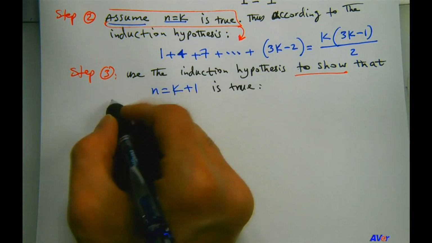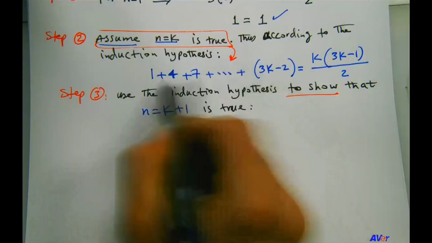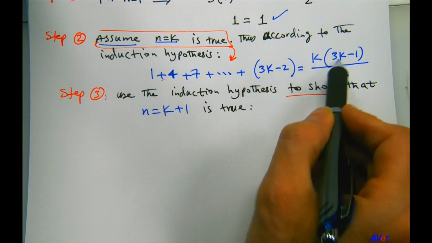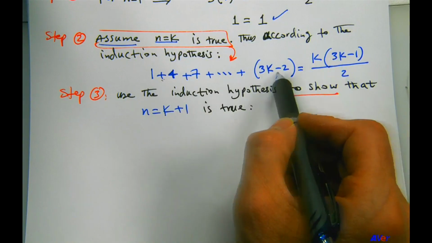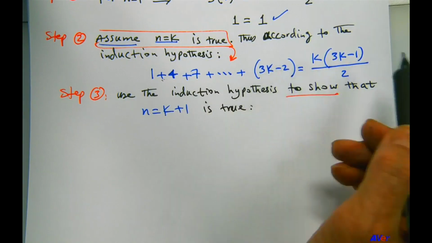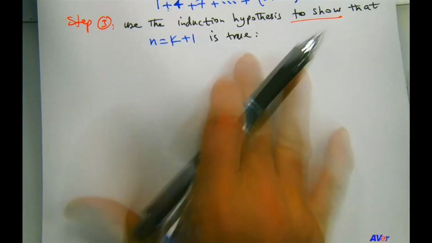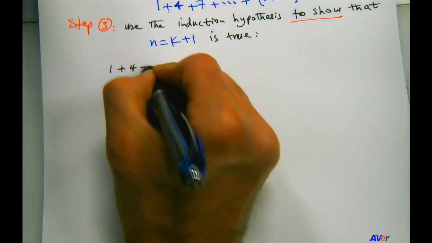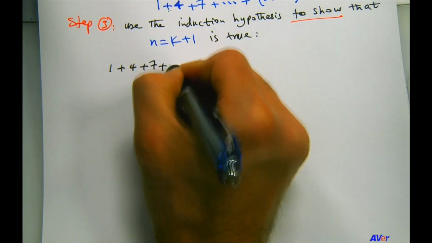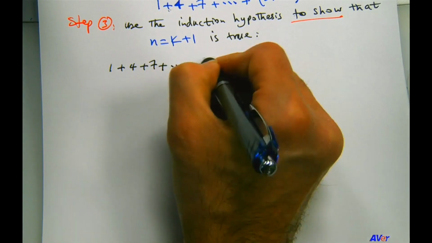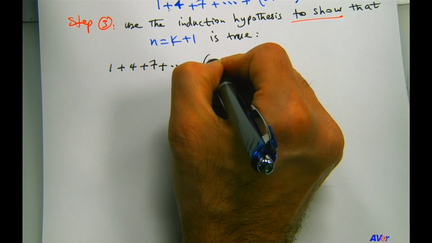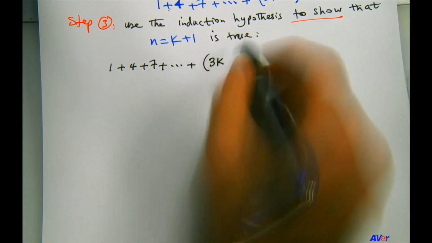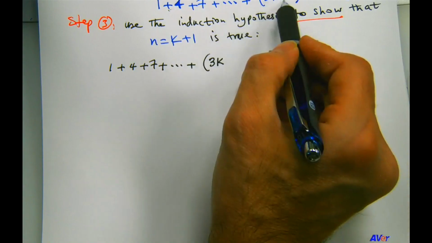So to do that, I'm going to plug in this equation with k plus 1. So k is going to go away. I'm going to plug in k plus 1 and show that both sides are equal. Okay, so let's do that. So we have 1 plus 4 plus 7 plus dot dot dot plus 3k minus 2, which is that, right?